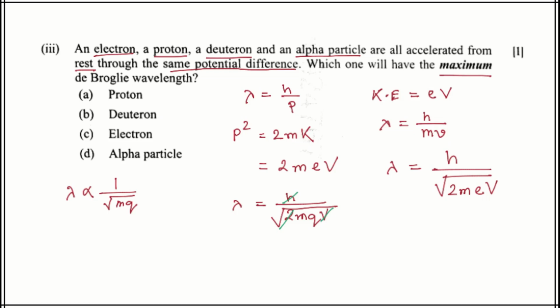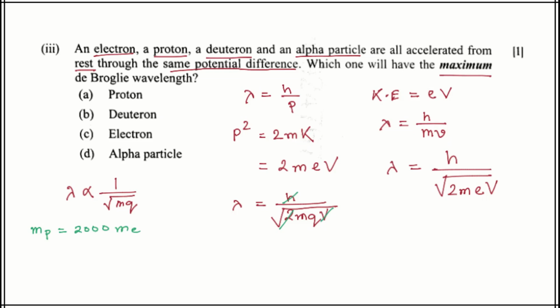Now the particle which is massive as well as having higher amount of charge will get the lambda as minimum. So in this case, we need to find out the particle which is having lower mass and charge. So amongst these four, if we check, normally the mass of a proton is almost 2000 times the mass of an electron.